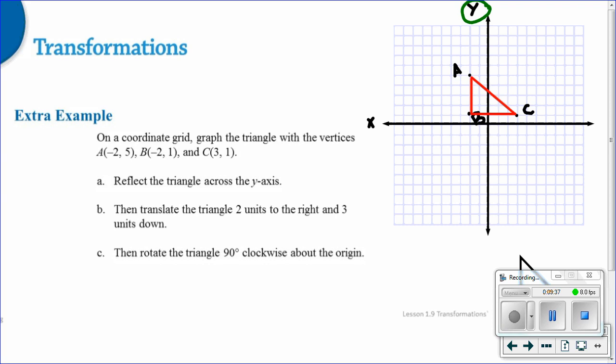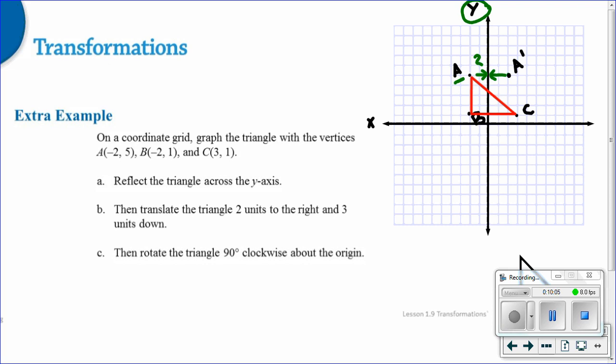Point A right here is 2 units from the y-axis. That means when I reflect it, it should still be 2 units from the y-axis. So directly across from there, I'm going to have my A prime.